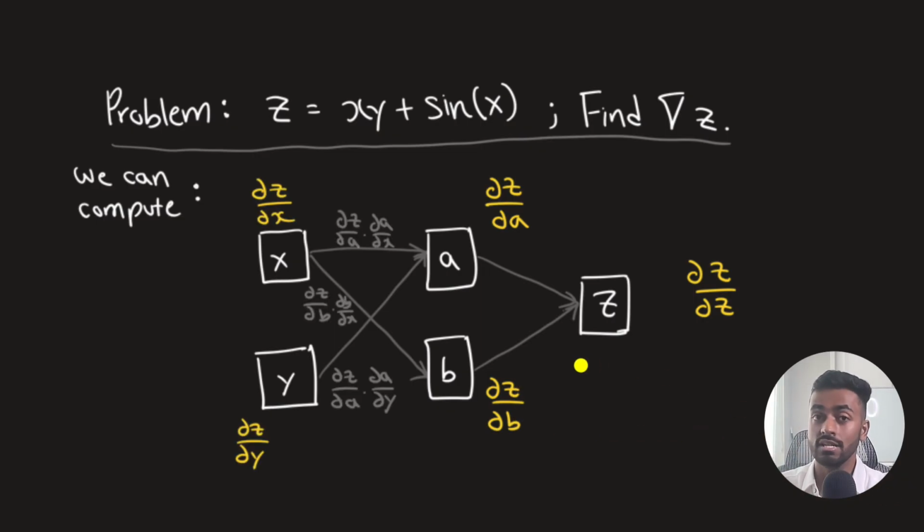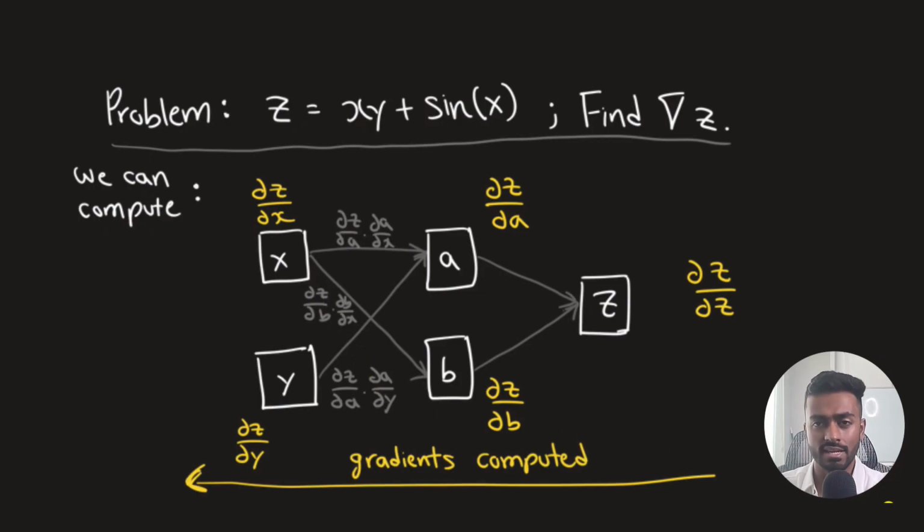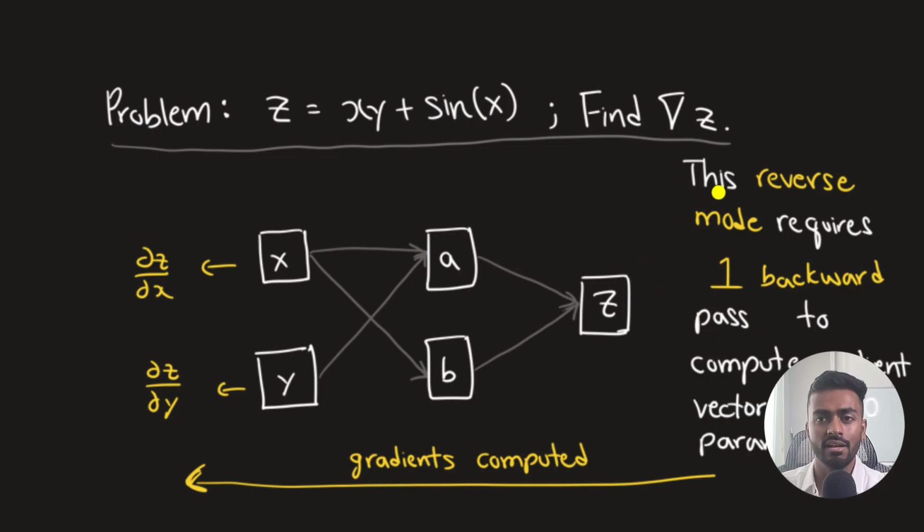From this, using the chain rule, we can then compute the derivative of z with respect to x and the derivative of z with respect to y, as it's a function of these partial derivatives. And so what we can see now is that in this reverse mode, we only needed one backward pass to compute the gradient vector for n parameters. So you can see how efficient this method can be.